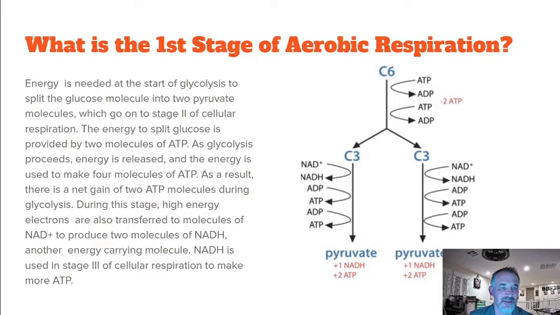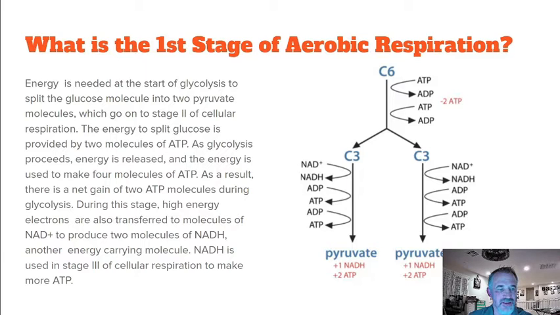So energy is needed for the start of glycolysis to split glucose molecules into 2 pyruvate, which go on to stage 2 of cellular respiration, which we'll cover in a moment. The energy to split glucose is provided by 2 molecules of ATP. As glycolysis proceeds, energy is released, and the energy is used to make 4 molecules of ATP. As a result, there's a net gain of 2 ATP molecules during glycolysis.